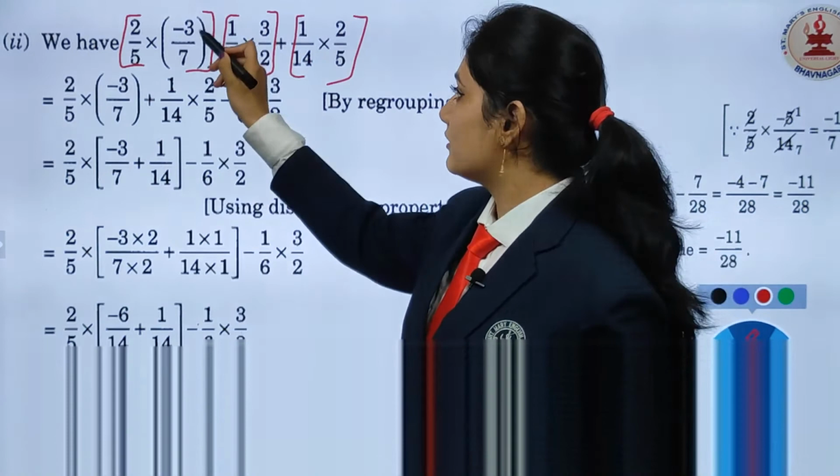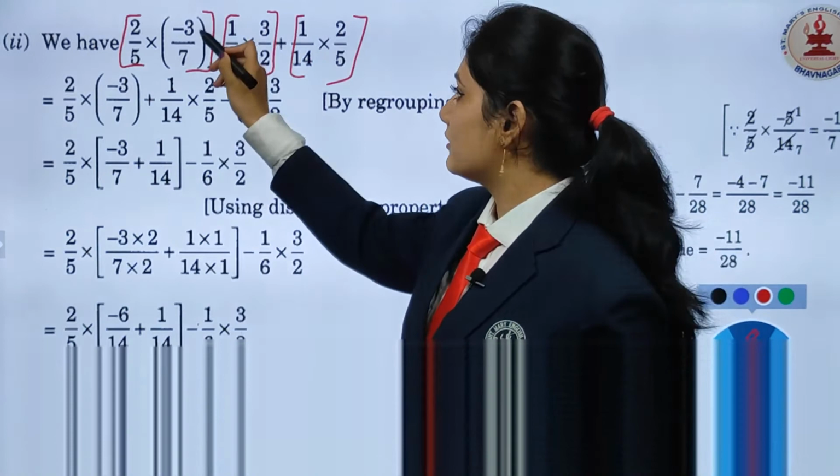Now this whole term, when we are regrouping and taking the common number outside, that is called the distributive property. Then we will solve the bracket first. When we are solving the bracket, check whether the denominator is same or not. Here it is not same, so I will take the LCM. Here LCM will be 14.